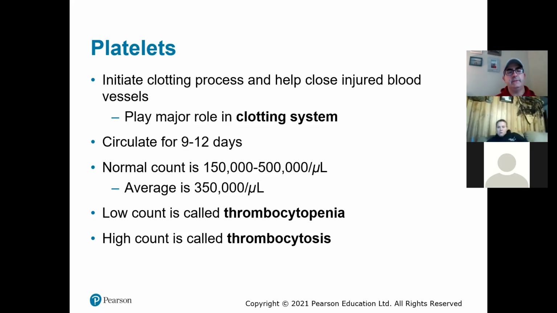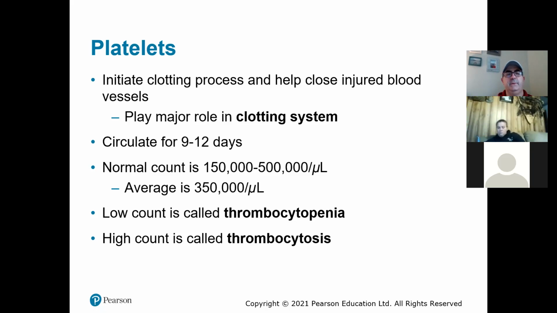You could be anemic. You could turn hypoxic, right? You're not getting enough oxygen around. Eventually you'll die because you're not getting enough oxygen. The main thing that I want you to remember is that the blood is carrying oxygen. And so if you don't clot, if you continue to bleed, then you're not carrying oxygen around your body.